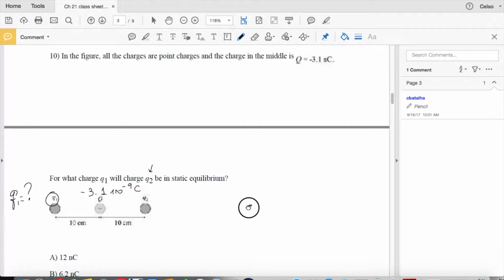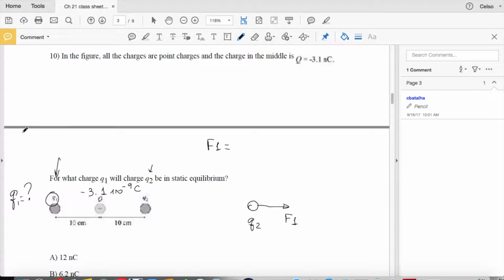So we take Q2, and Q1 is negative. Let's call F1 the force of charge Q1, and I don't know the direction.